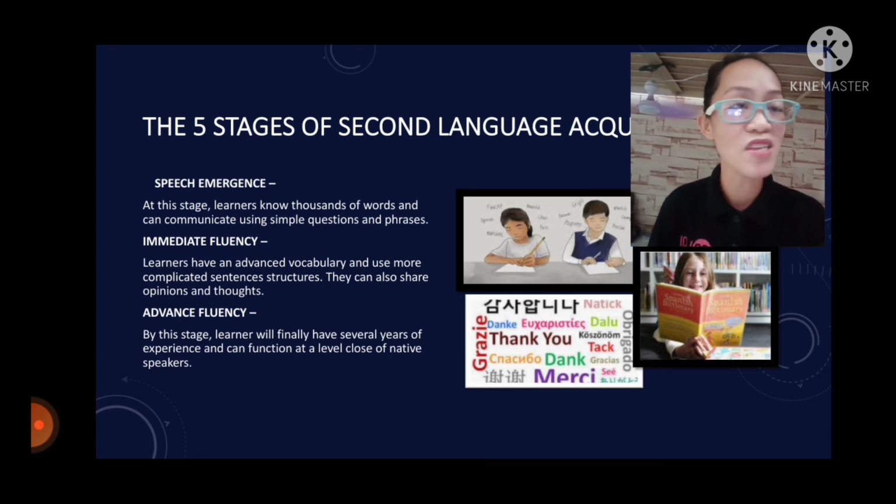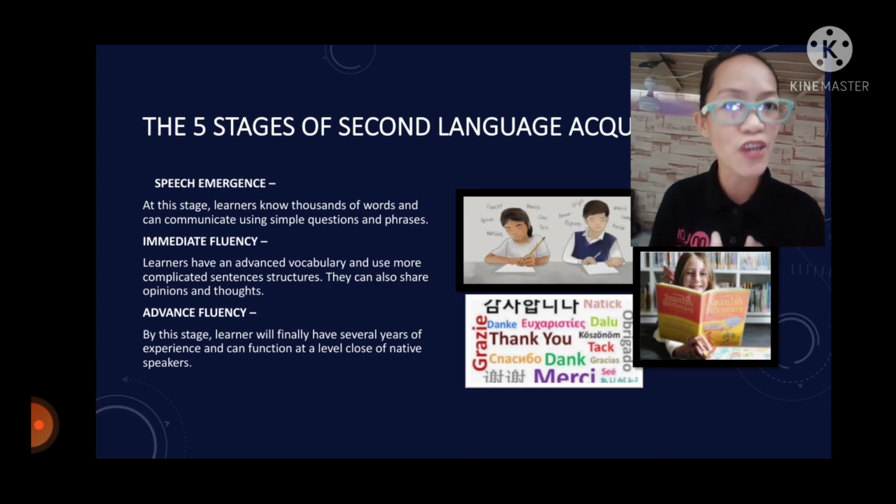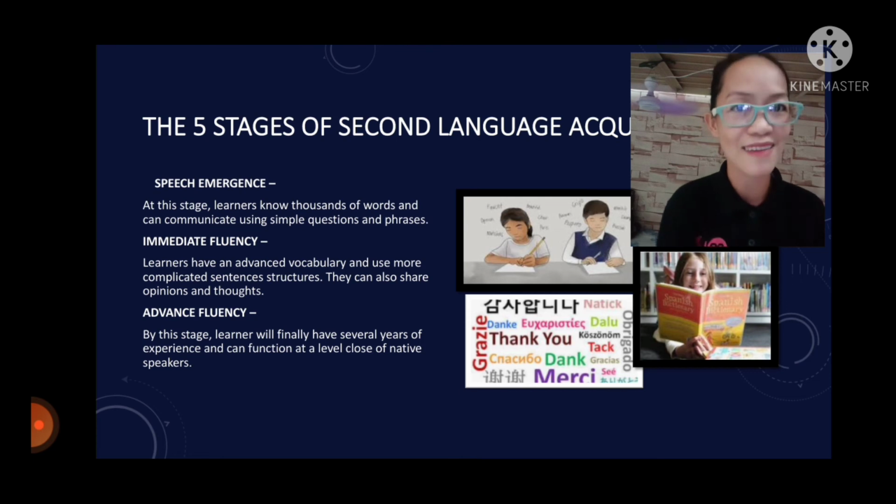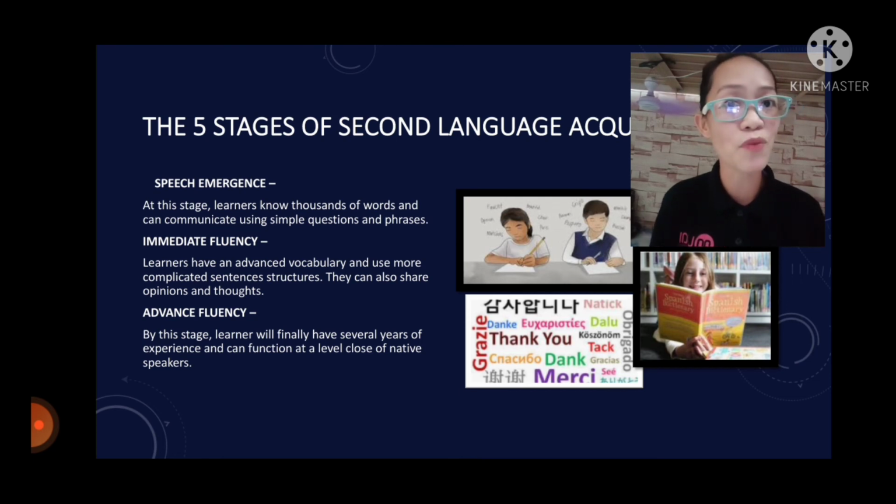Number 3 is the speech emergence. At this stage, learners know thousands of words and can communicate using simple questions and phrases. Intermediate fluency is when learners have an advanced vocabulary and use more complicated sentence structures. They can also share opinions and thoughts. Number 5 is the advanced fluency. By this stage, learners will finally have several years of experience and can function at a level close to a native speaker.